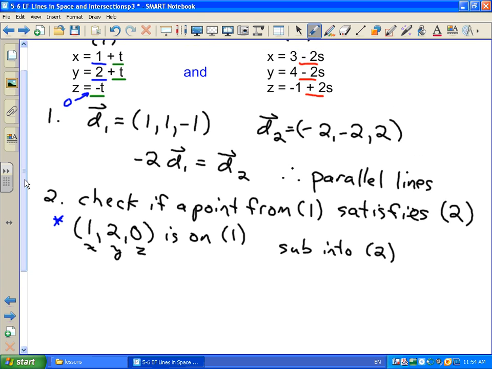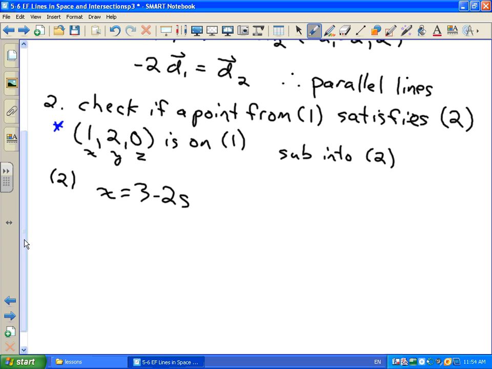What we're going to do is sub into line 2. So from line 2, x is 3 minus 2s. Okay? If what we want is an x value of 1, we sub that in. 1 equals 3 minus 2s, and we can solve this for s.